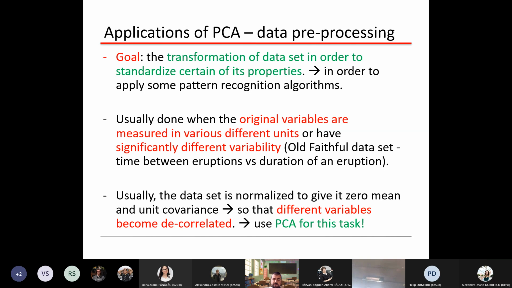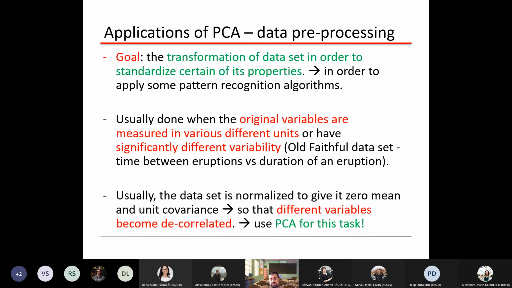And an example is the Old Faithful dataset. I don't know, maybe Tran told you more about this dataset. Do you know about it? It represents the time between eruptions versus the duration of an eruption. There are around 98 minutes, I think, or 40, I don't remember exactly, between consecutive eruptions of this volcano, Old Faithful.